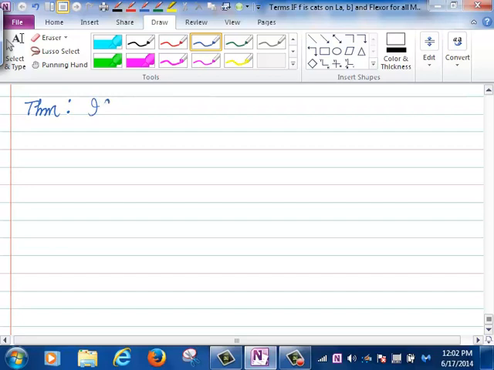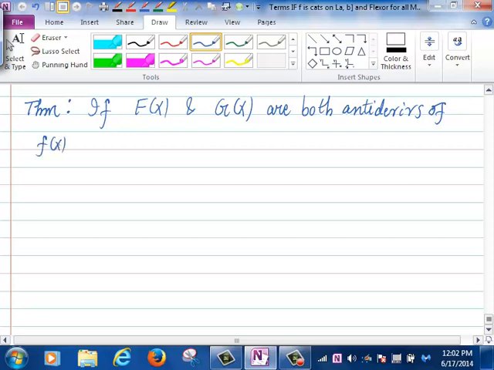If capital F of x and capital G of x are both antiderivatives of lowercase f, then they differ only by a constant.